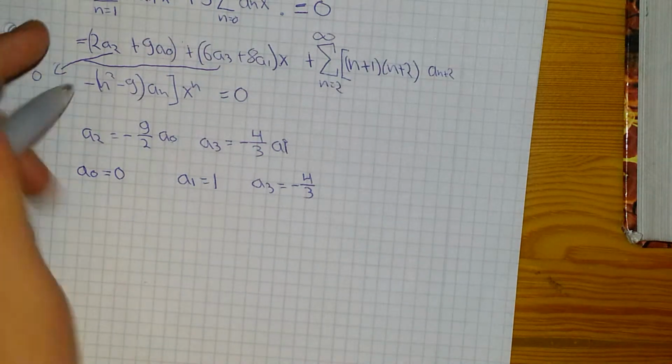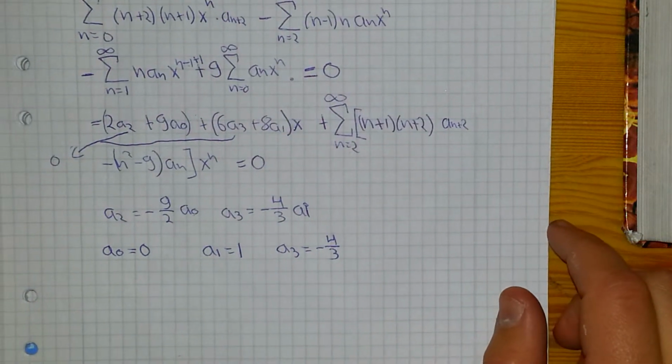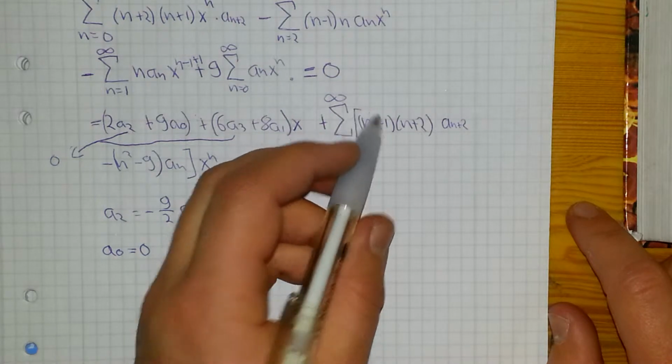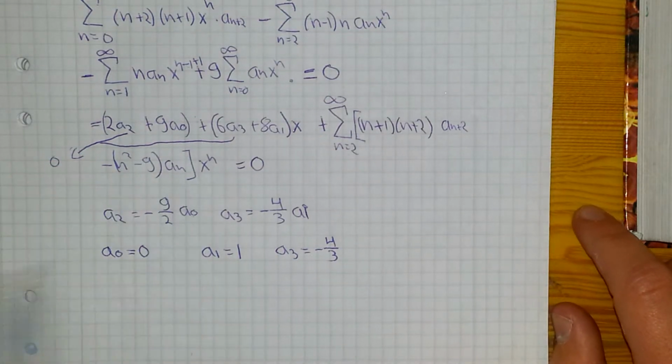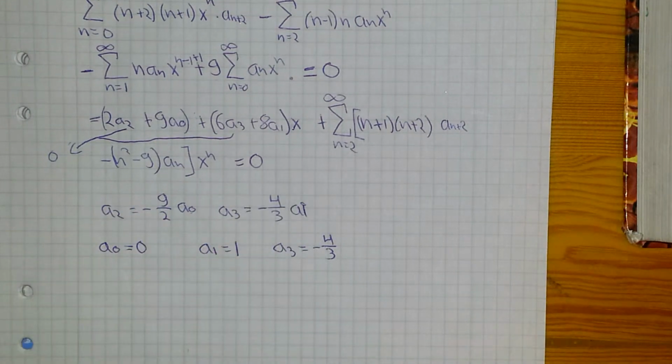And we weren't quite finished with the expression for everything that has to be 0. Everything within these hard brackets also has to be 0, since it's a factor of x to the power of n, and it has to be 0 for all x's.